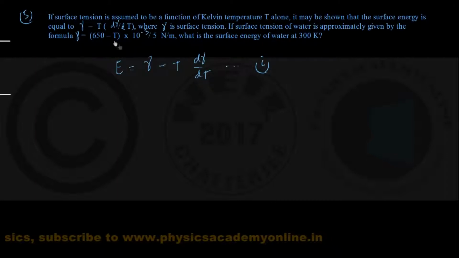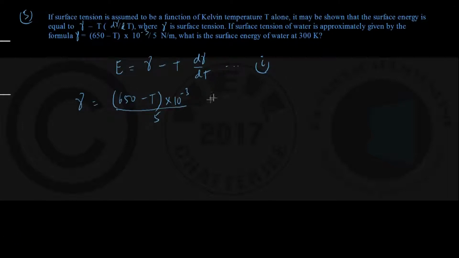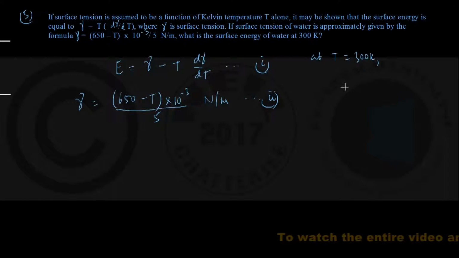And they are telling here as well that particularly for water, surface tension as a function of temperature is given by (650 minus capital T) into 10 to the power minus 3, whole thing divided by 5 Newton per meter. Let me call this equation number 2 for reference, and the question is, at Kelvin temperature of 300 Kelvin, what is the surface energy of water?